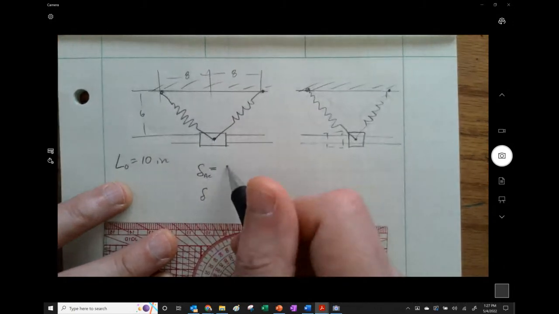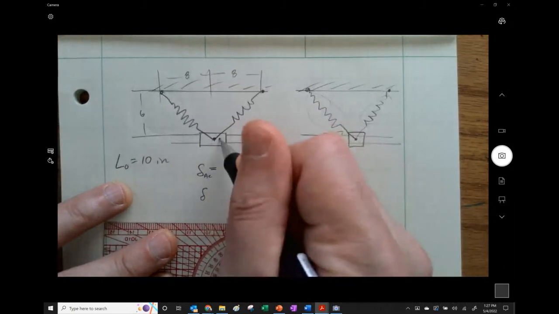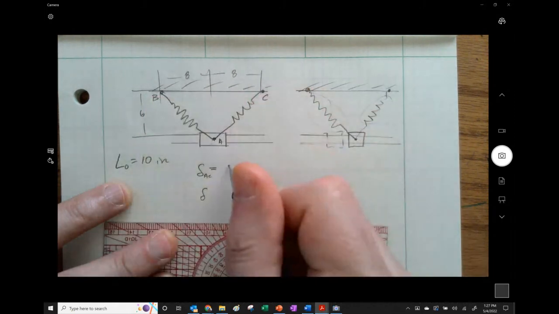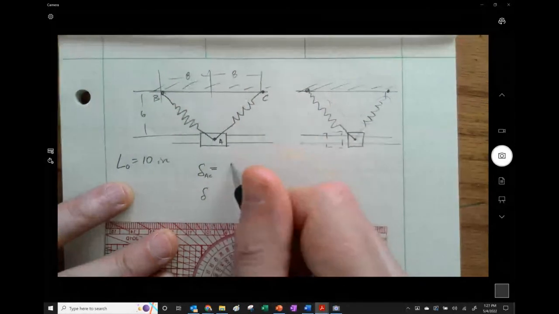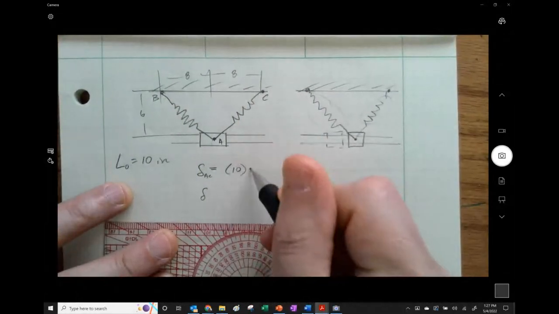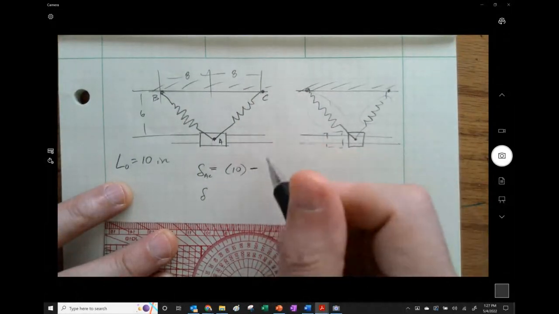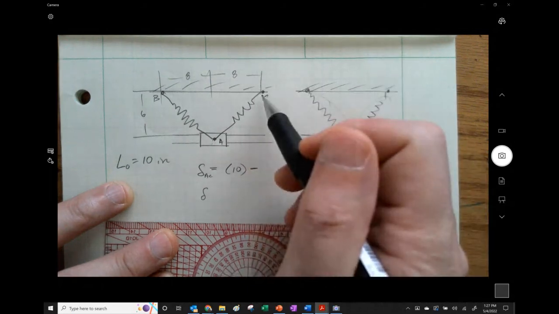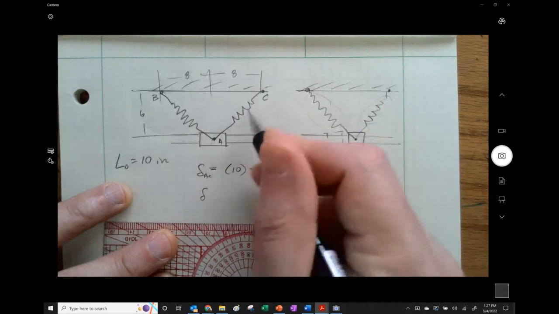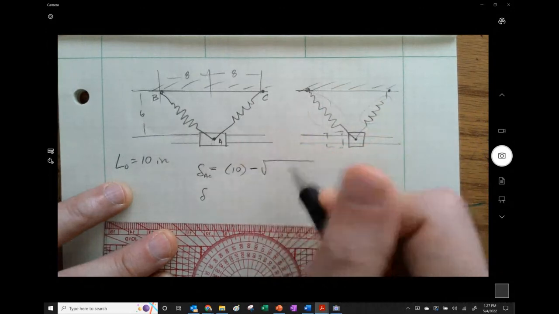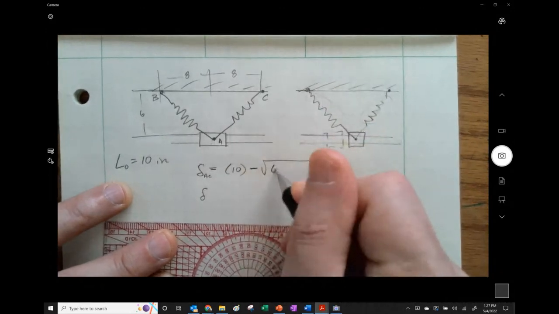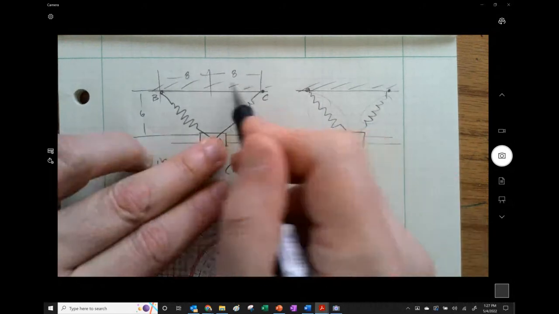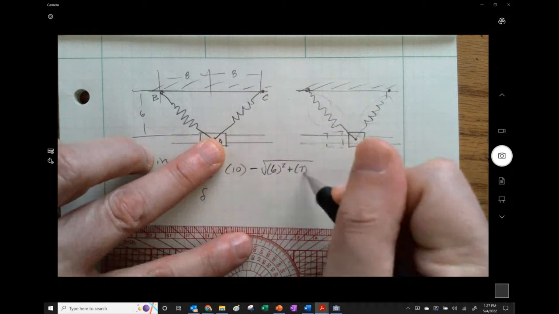So AC, because this is A, C, and B, is going to be 10. I don't know if I'm going to go minus. Am I going to go minus? Yeah, I go minus. Be the square root of 6 squared plus, now it's going to be 7 squared, right?